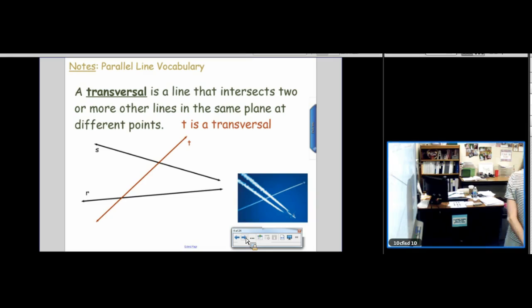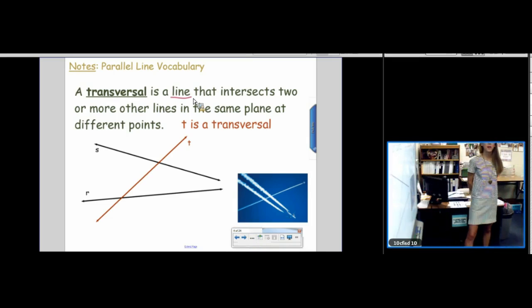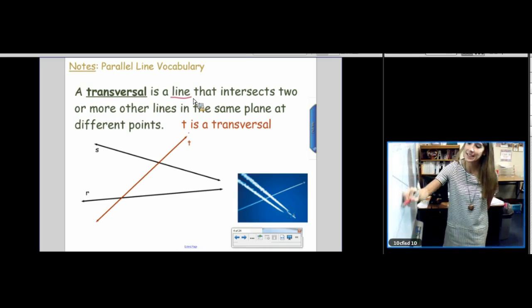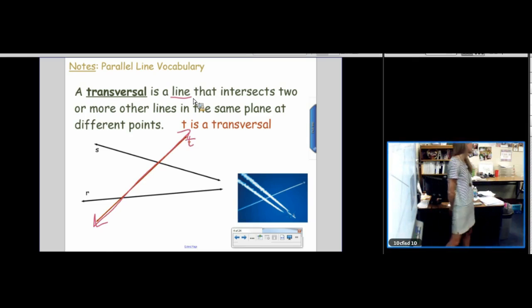A transversal is a line that intersects two or more other lines in the same plane at different points. So I have lines S and R, and T is the one intersecting both of them. T is the transversal. T for transversal.